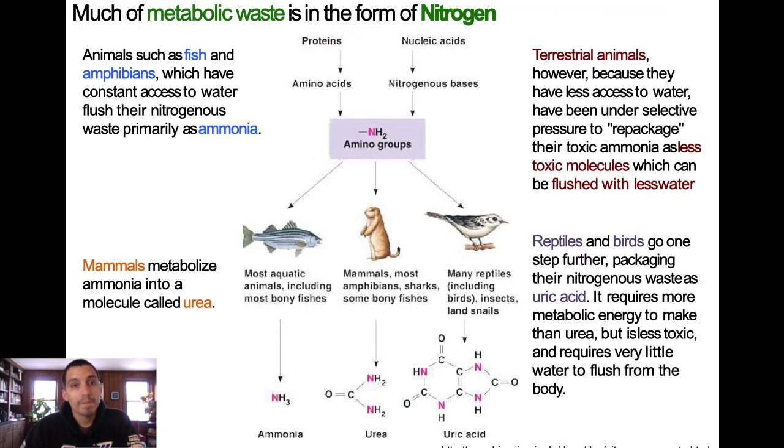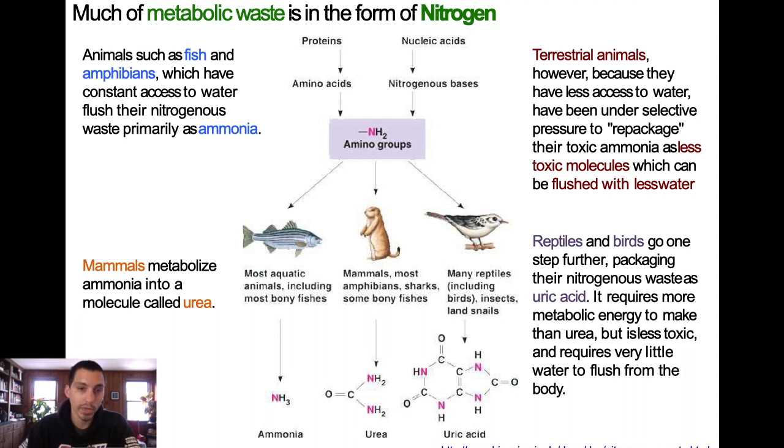Much of the metabolic waste that's produced is in the form of nitrogen. We need nitrogen. It's part of some really important components for animals, specifically proteins and nucleic acids, both of which we cannot live without. But we don't necessarily need the nitrogen in those, so we have to find a way to convert that nitrogen into a form that we can then get rid of.